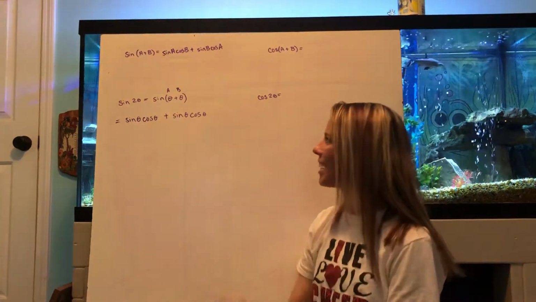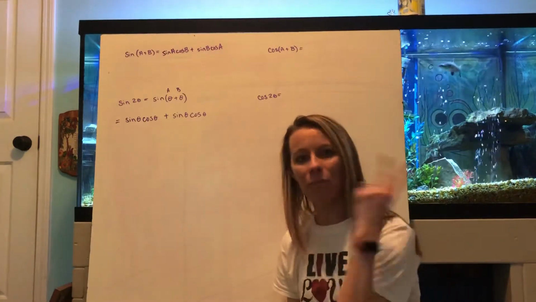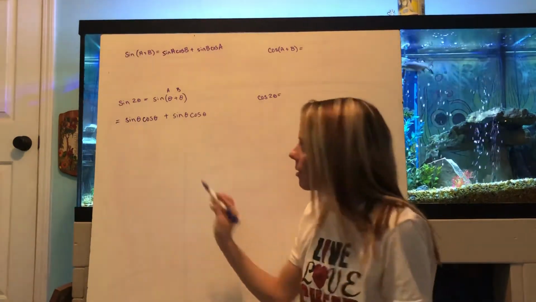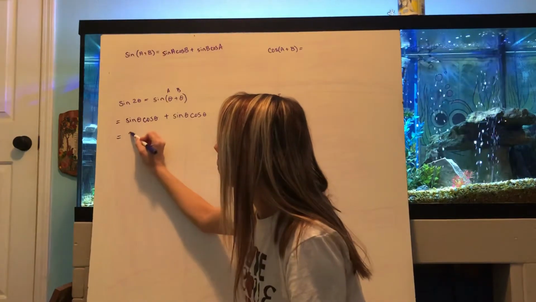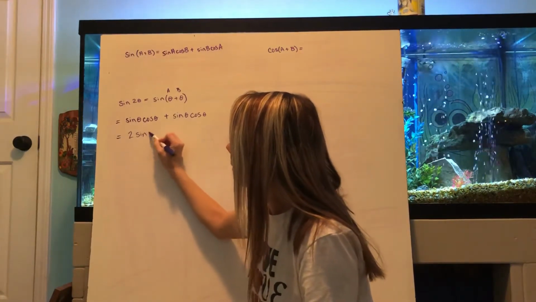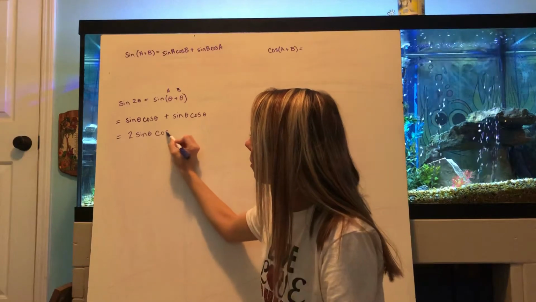Those are the exact same thing. Sine theta, cosine theta. So I have two of them, double and two of them. That makes sense. Okay, so I've got 2 sine theta, cosine theta.